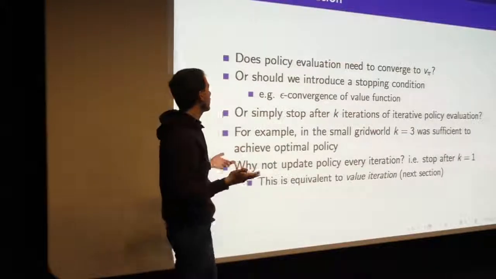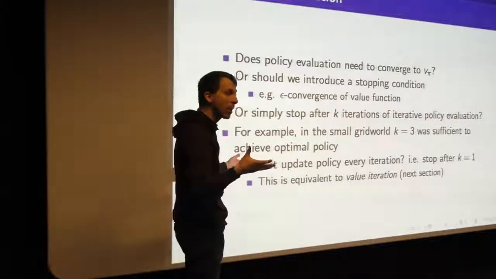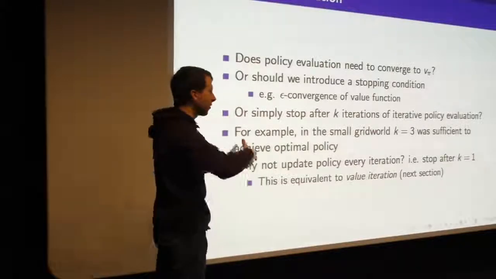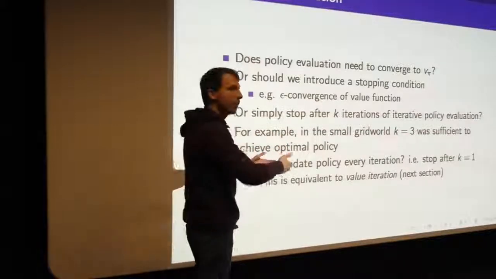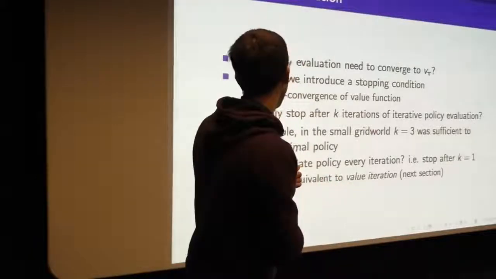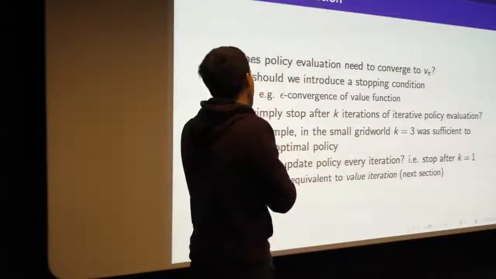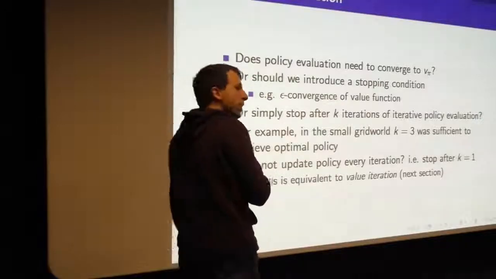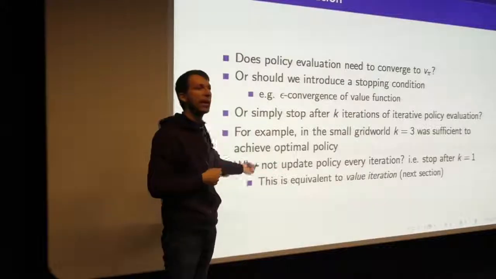So what happens if we do something more naive, like take k iterations of iterative policy evaluation, like 3 in the small grid world, and then improve your policy? This is a perfectly reasonable algorithm, and it still converges to the optimal policy. I'm not going to prove that, except in one special case, the extreme case, which is when we stop after k equals 1.